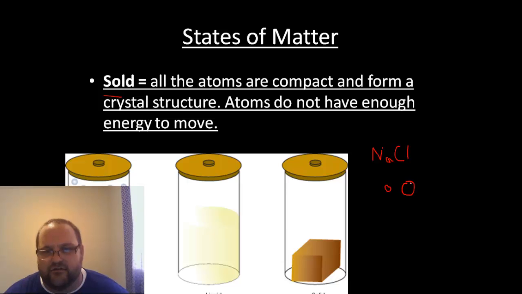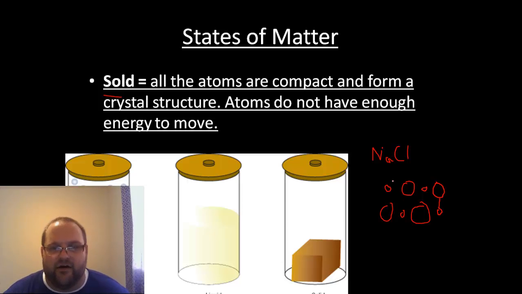Let's see if I can sort of draw it here. So they kind of form this really predictable pattern between the sodium and the chlorine, and then they all bond together here. So they form these bonds. Ignore that one there, that's not correct. But they form this crystalline structure of all these different bonds, and they link together and they form this solid.